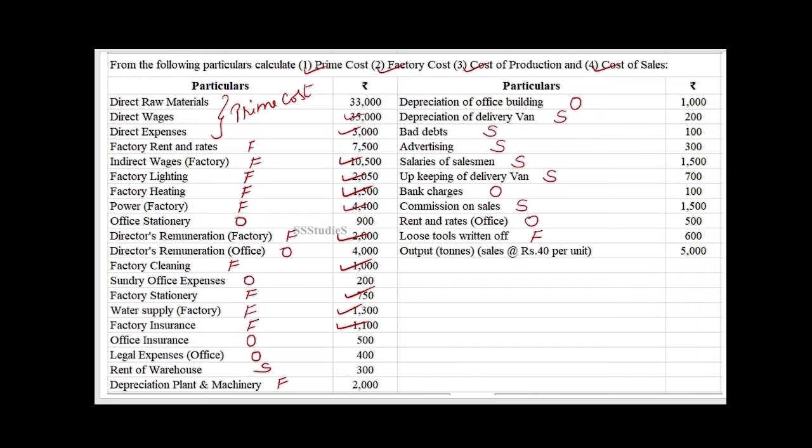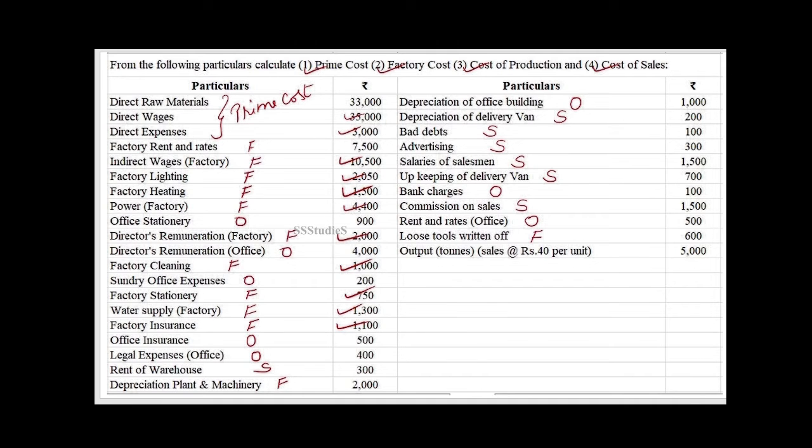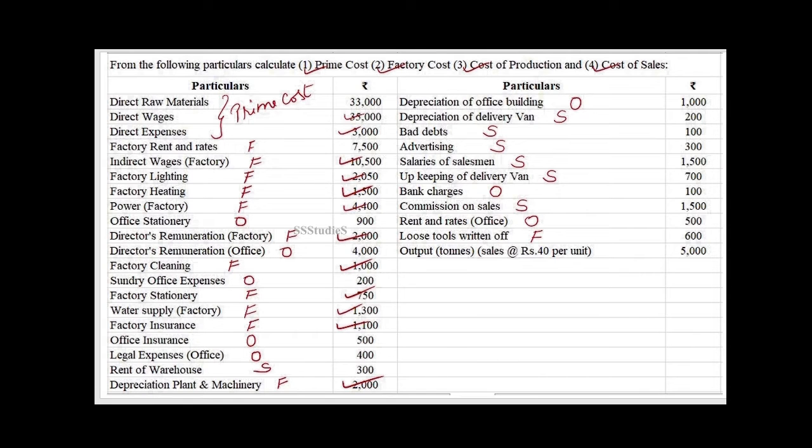Factory insurance 1,100. Depreciation plant and machinery 2,000. And loose tools written off 600.